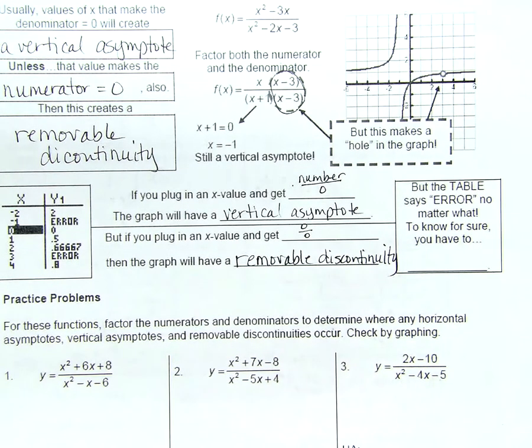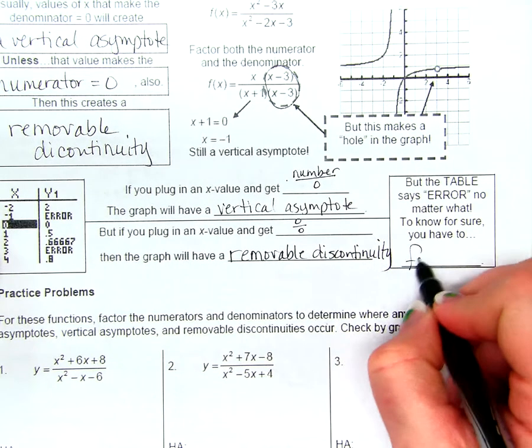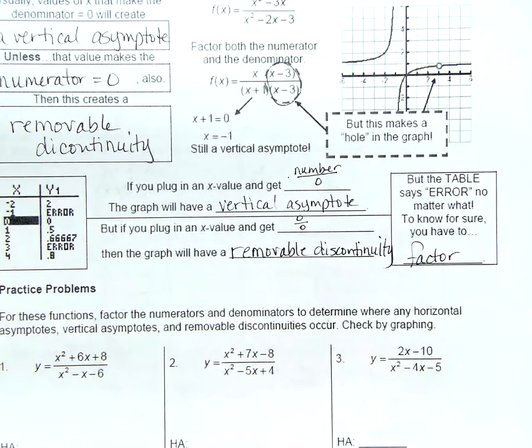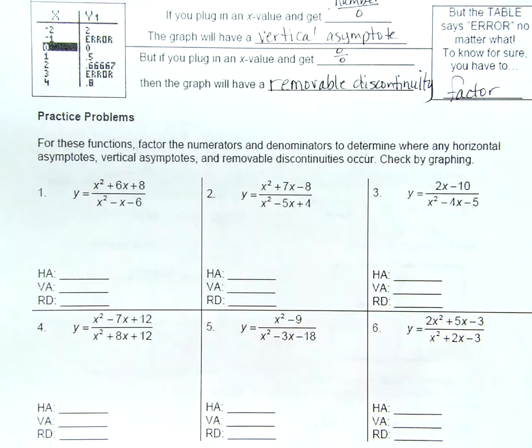But you can't just rely on the table, because the table is going to say error or undefined no matter what. So to make sure, you have to factor. Okay? So I'm going to do one of these for you. I'll do number 1 for you, and you're going to do the rest.